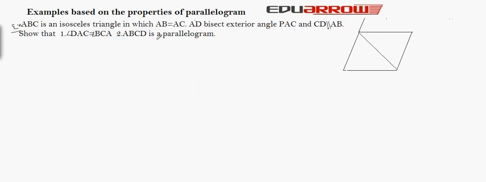Now let's do another example. ABC is an isosceles triangle in which AB is equal to AC, AD bisect angle PAC and CD is parallel to AB.